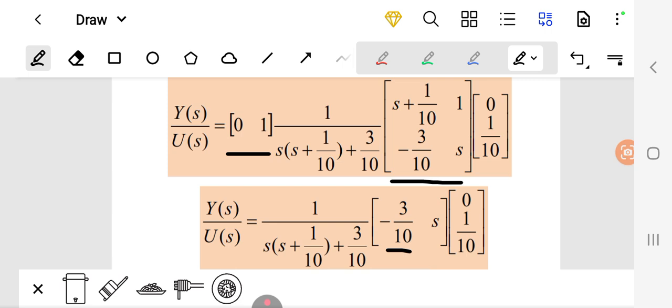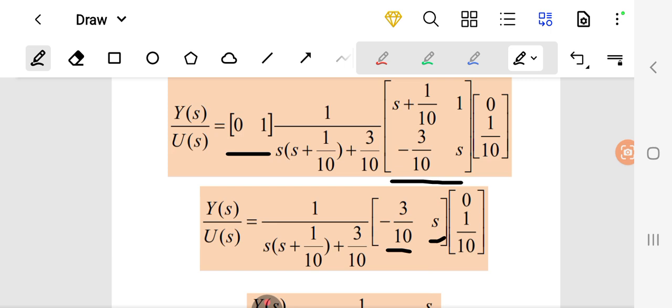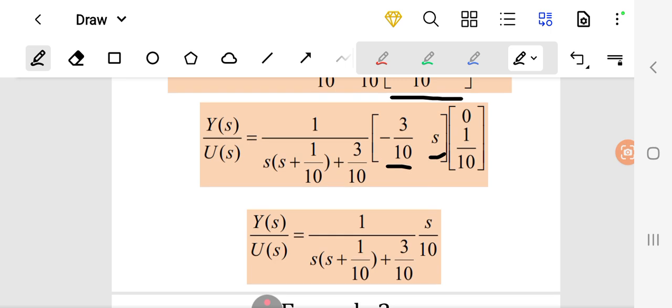Then we multiply 0 times 1 equals 0, and 1 times s equals s. Then we multiply negative 3 over 10 by 0 equals 0, and s times 1 over 10 equals s over 10.